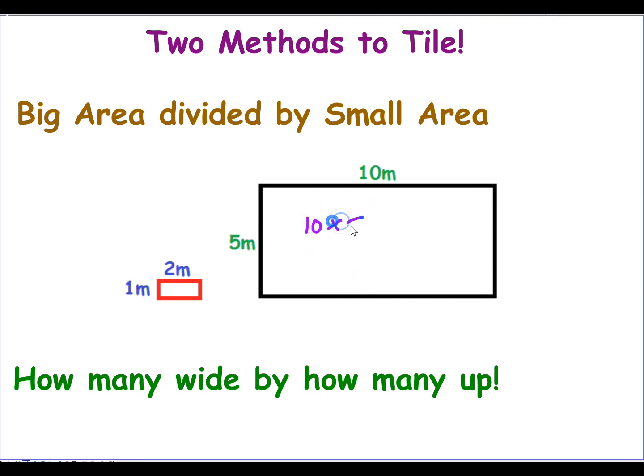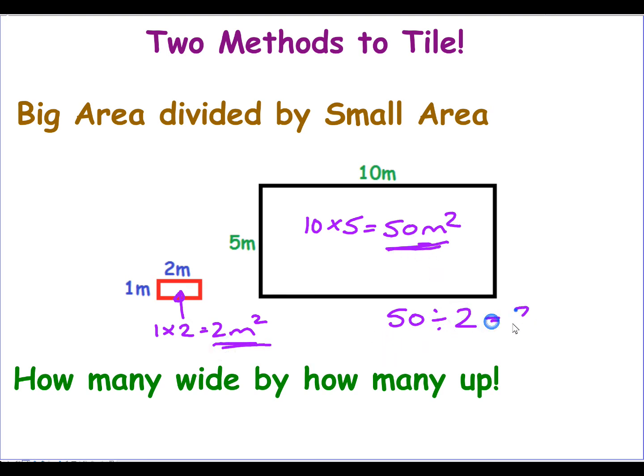So 10 times 5 equals 50 meters squared, and the area of your small object, which is 1 times 2, which is 2 meters squared. Make sure they're in the same units and then divide one by the other, the big area by the little area, and that will tell you how many tiles to use.